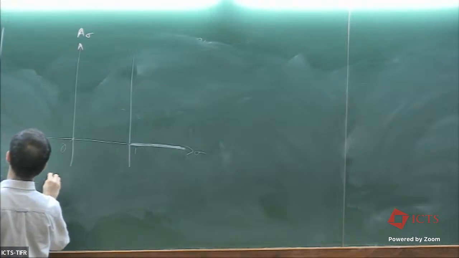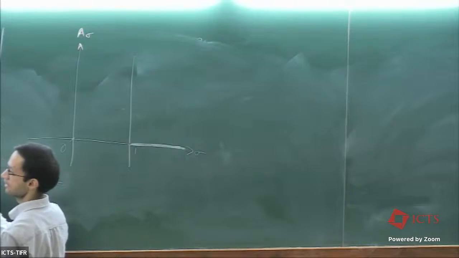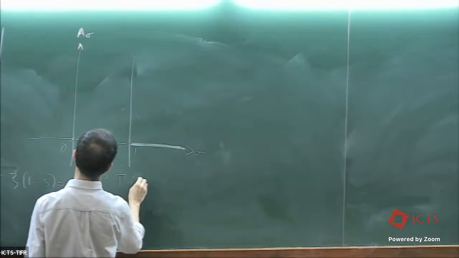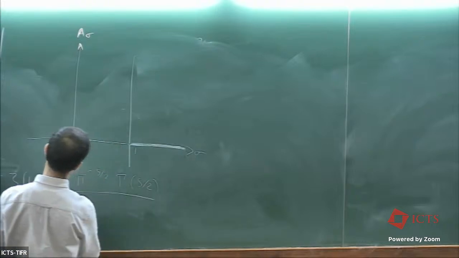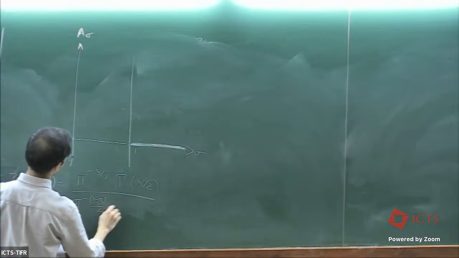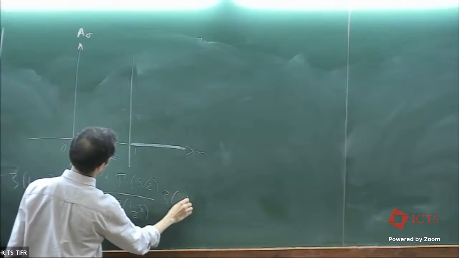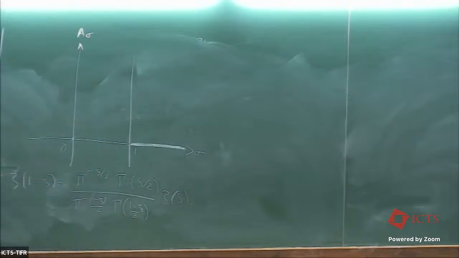So you can say that zeta of 1 minus s is going to be pi to the negative s over 2 gamma s over 2 divided by pi to the negative 1 minus s over 2 gamma 1 minus s over 2 times zeta of s, right?